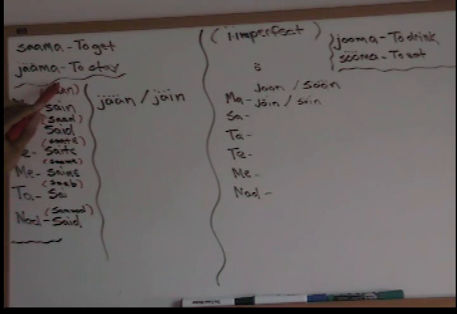So A will become an i, s-a-i-n. The same thing happens with all of the other personal pronouns. You just drop off the A and add the i, and of course plus the personal ending.